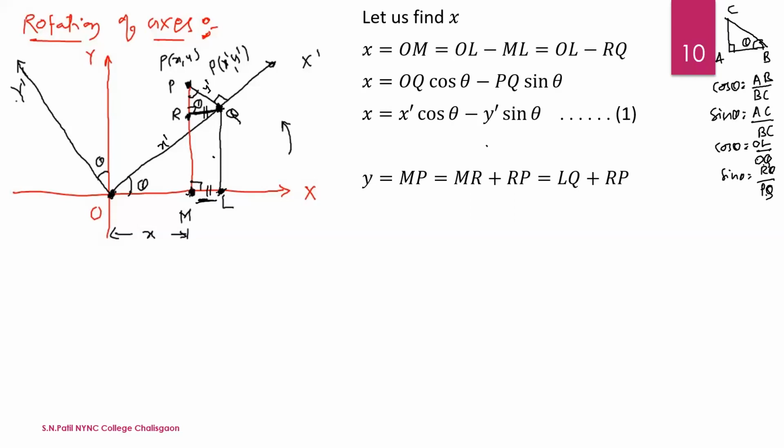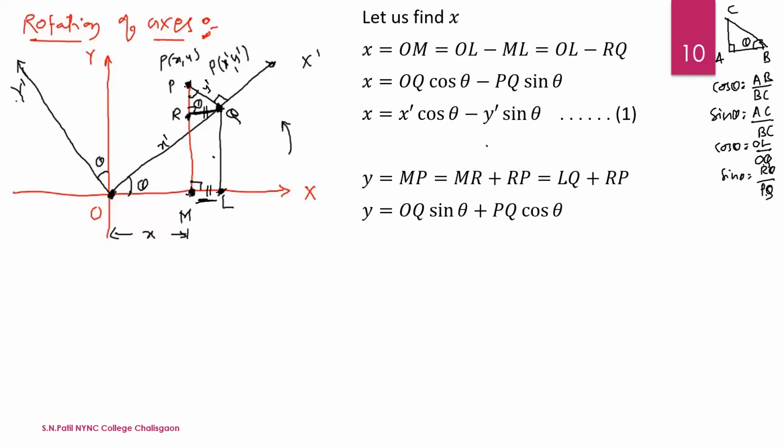Okay, and we use the same formula. LQ is the opposite side, that is sin theta is equal to LQ divided by the hypotenuse OQ. That is OQ sin theta, and RP is the adjacent side, that is cos theta is equal to the adjacent side divided by the hypotenuse PQ.